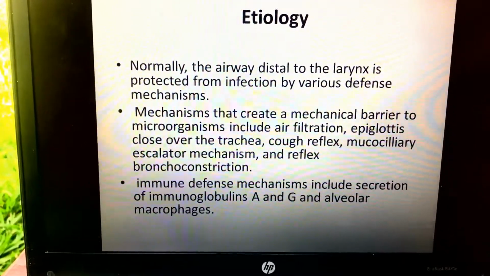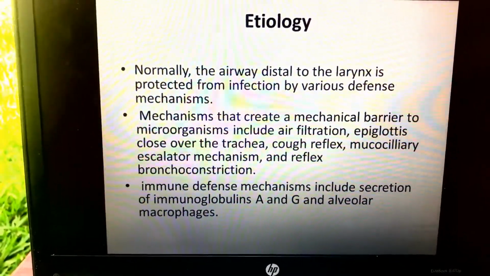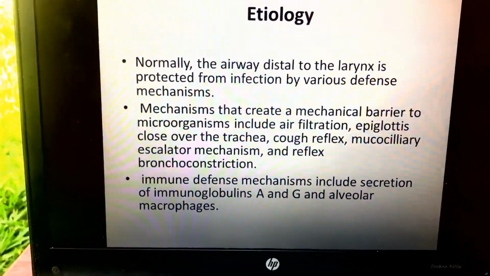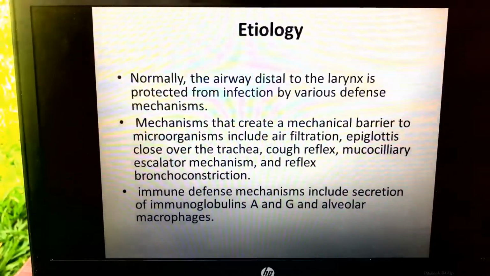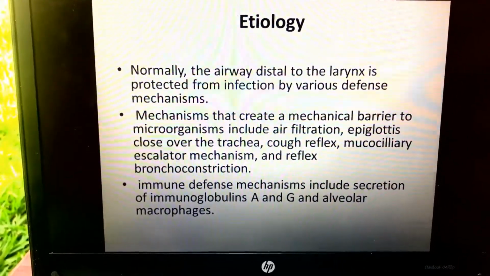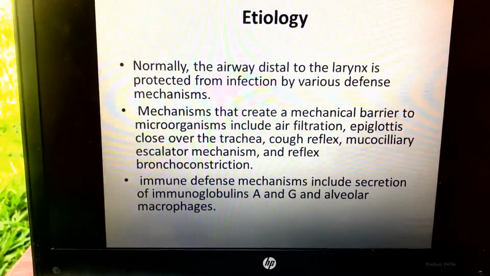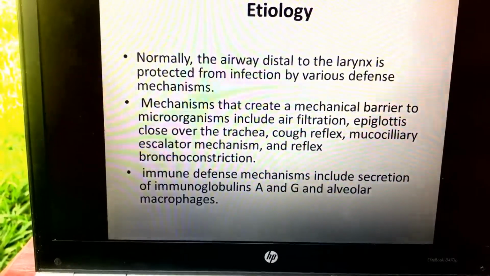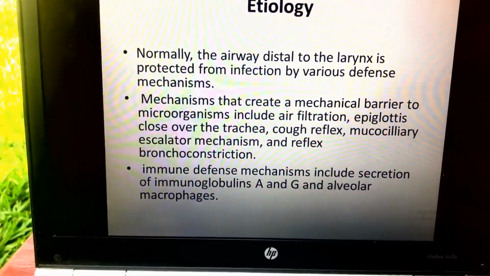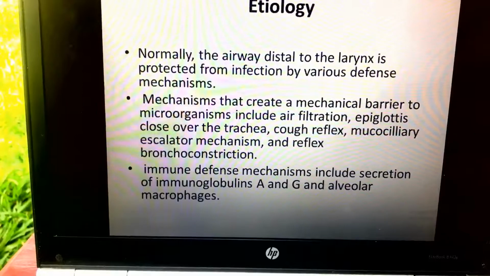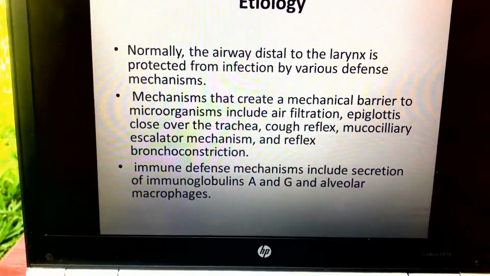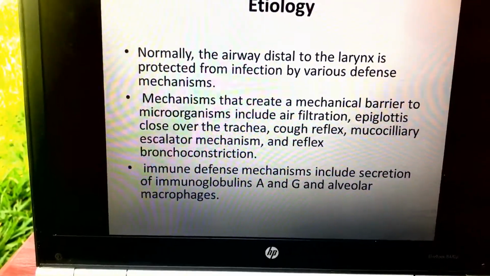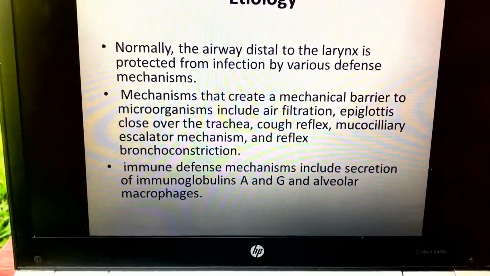So our airways, distal to the larynx, are protected from infections. Mechanisms that create mechanical barriers to microorganisms include air filtration, epiglottis closing over the trachea, cough reflex, mucociliary mechanisms, and reflex bronchoconstriction. These are the mechanisms that protect this part of our respiratory system.